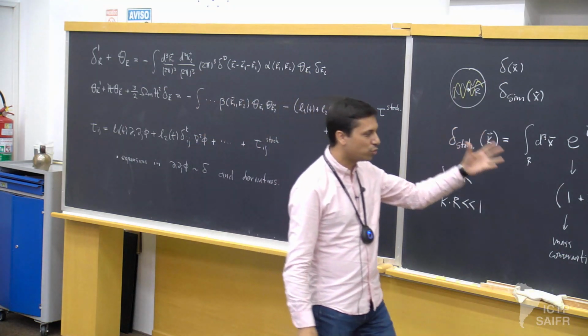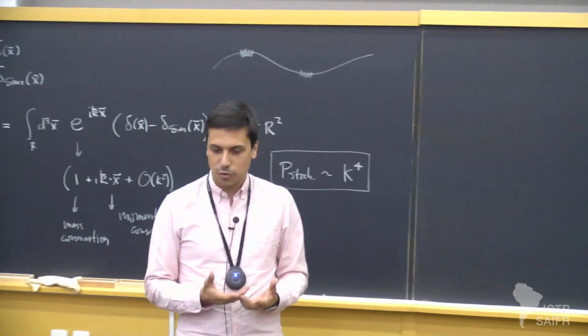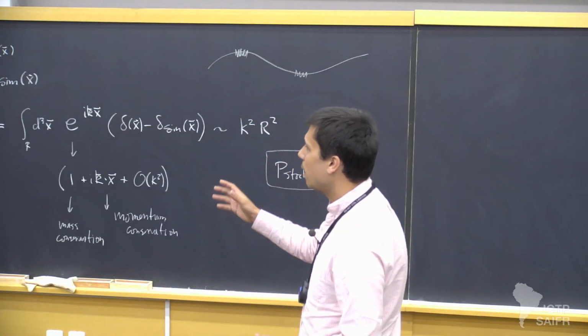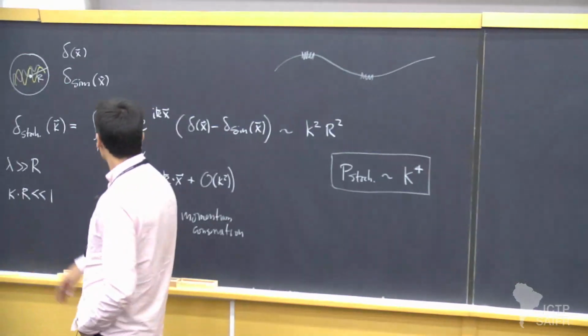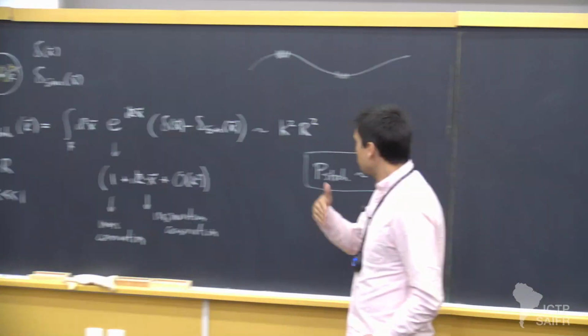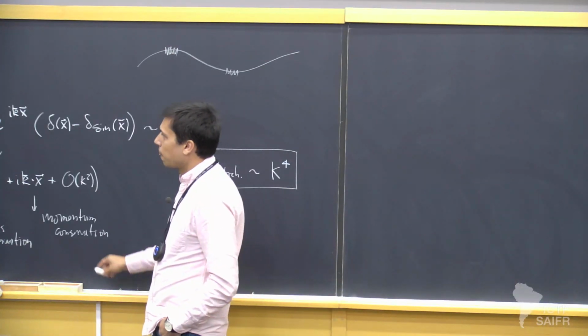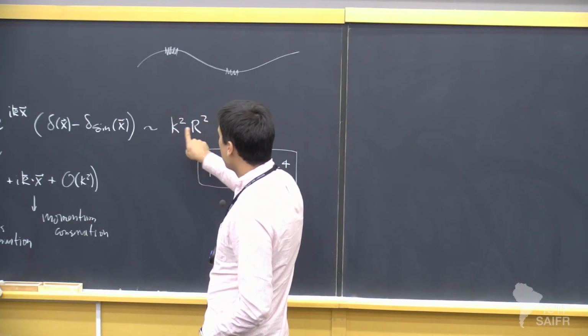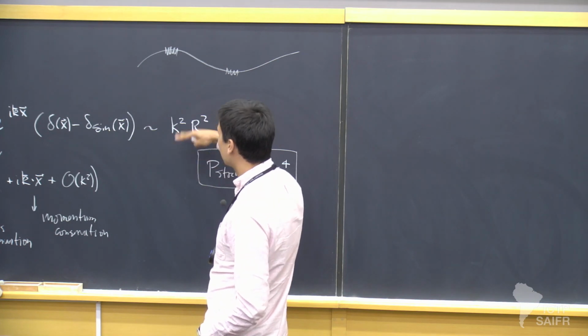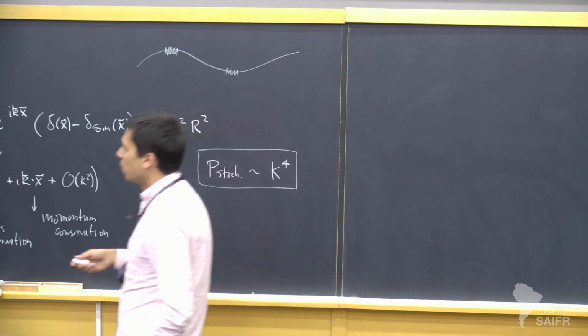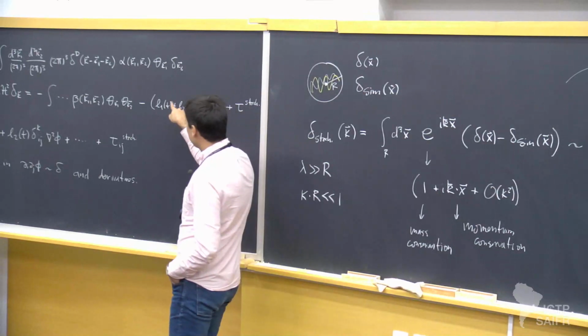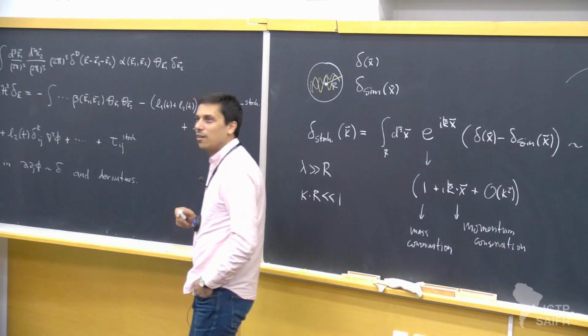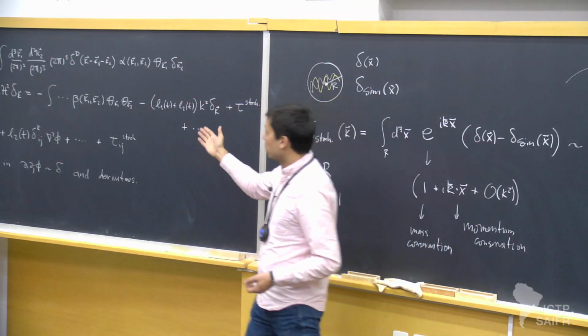So this is maybe a more intuitive picture to see why these extra pieces are really needed. And if you ask yourself, what is the typical size of these terms? For example, how big is k squared r squared? How big is this correction? For example, if you look here, there will be some effective r squared k squared delta. How big is this correction to the equation of motion?